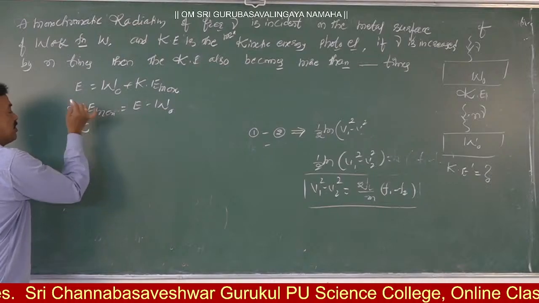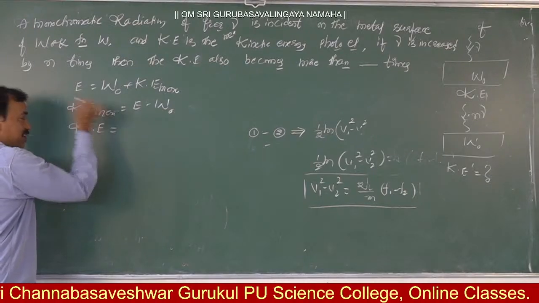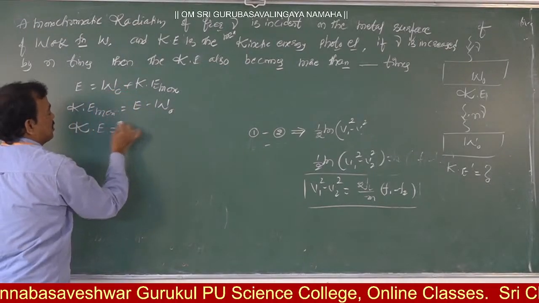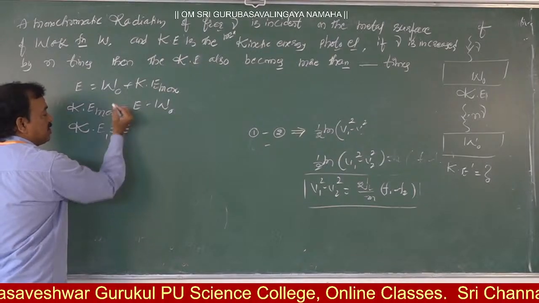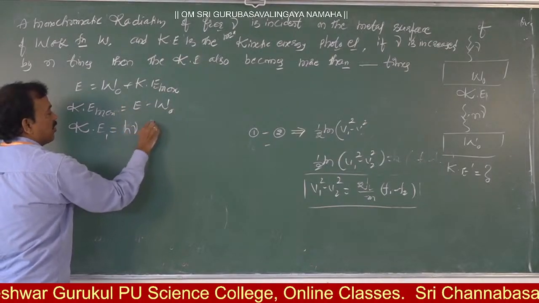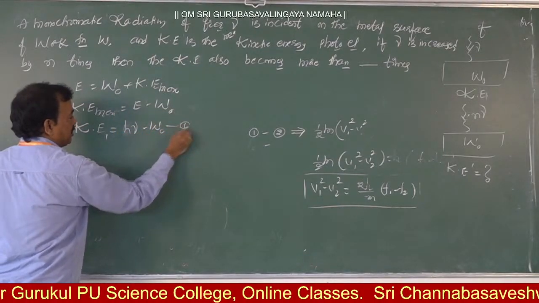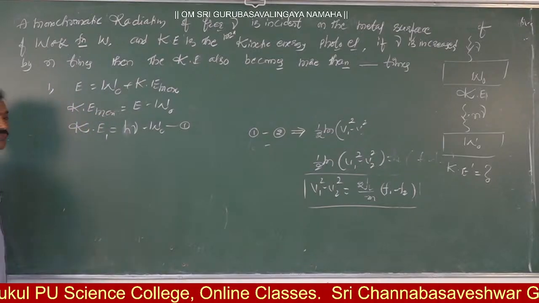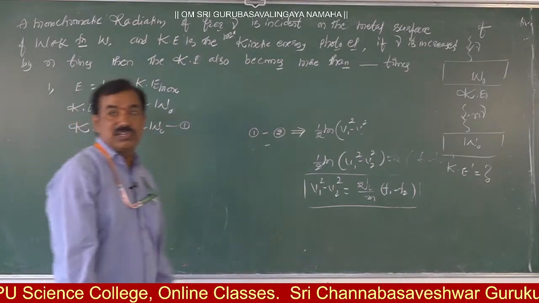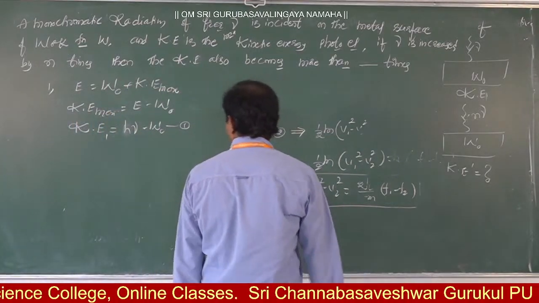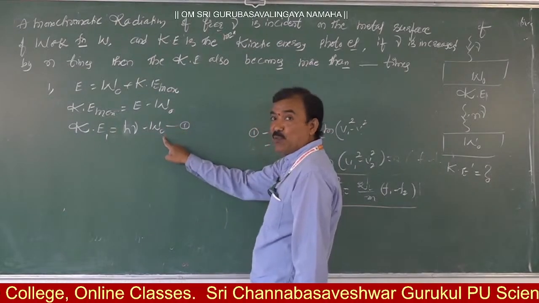So KE1 is equal to h nu minus W naught, equation 1. Clear? So in the first case, KE1 is equal to h nu minus W naught.